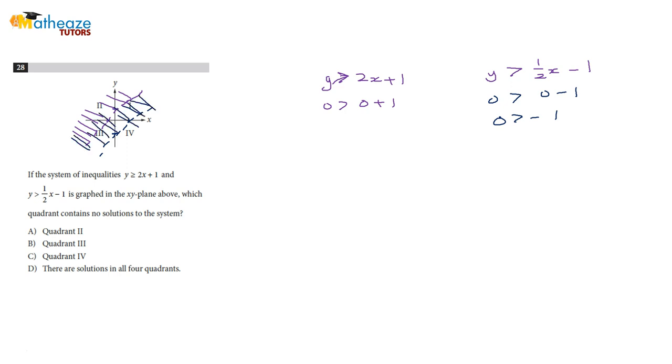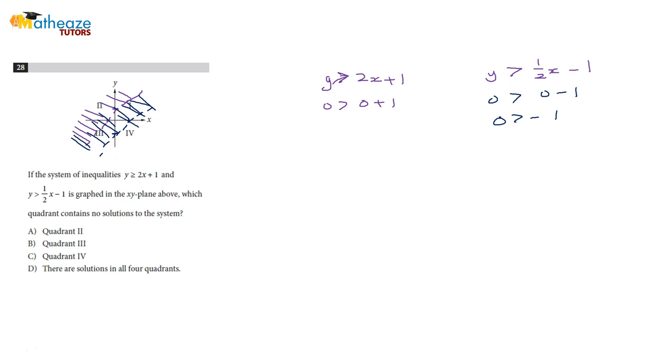So as we can see, there are points in all 4 quadrants for these inequalities if you take them separately, but if you take them as a system, it means that all the quadrants must represent both inequalities.